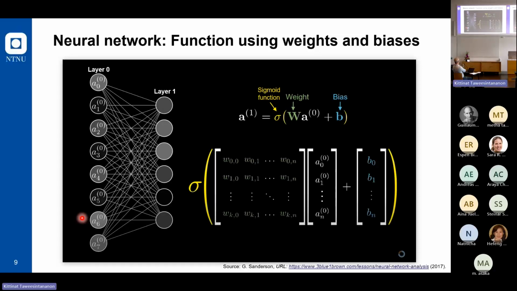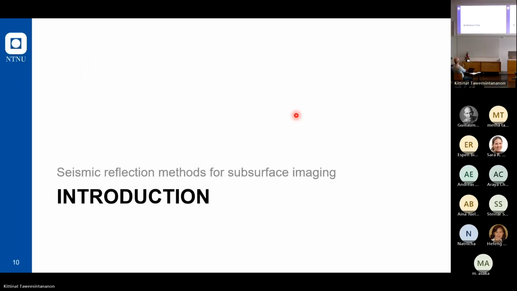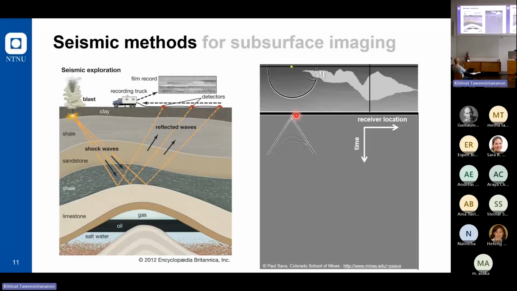So that's the concept. It's kind of the same thing as inversion. So we need to try to determine the weight parameters and bias. So next, move forward to the seismic method for subsurface imaging.